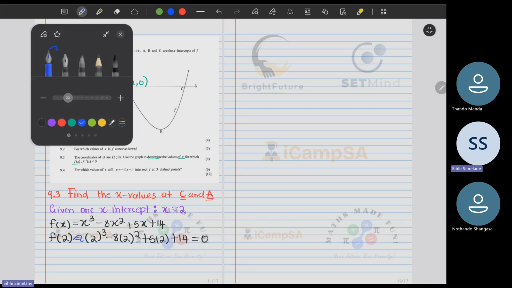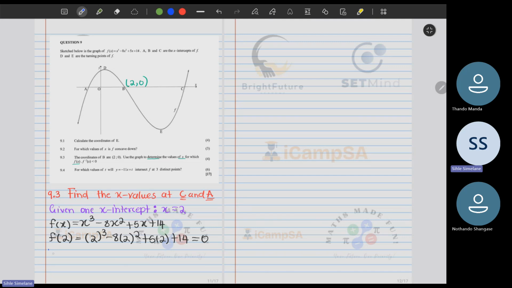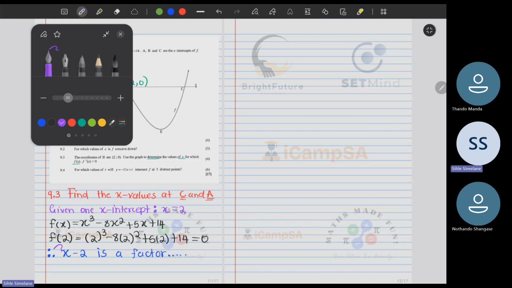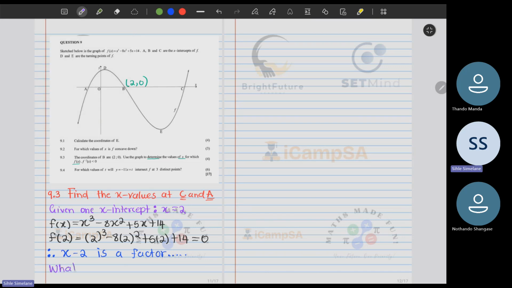And whenever it gives you 0, what this means is that x minus the number that gives you 0 is a factor. So therefore, x minus 2 is a factor in this expression. Now we need to find the other factors. That is the question we are trying to answer: what about the other factors?